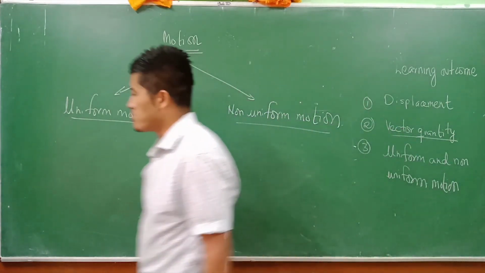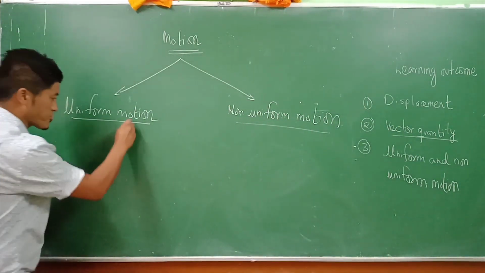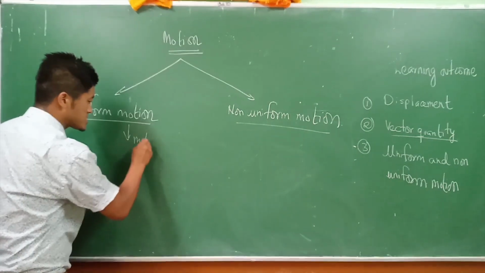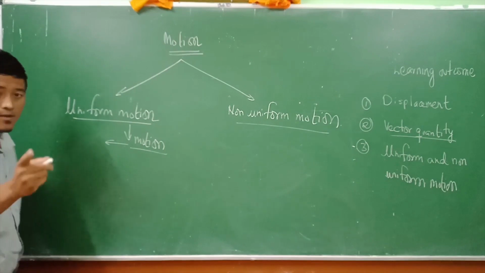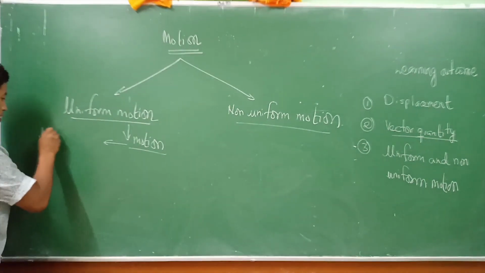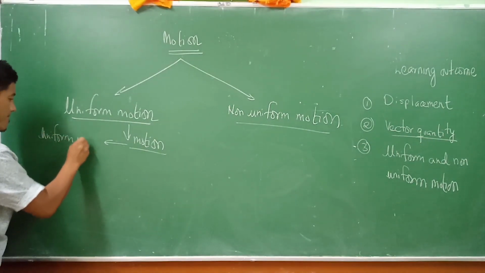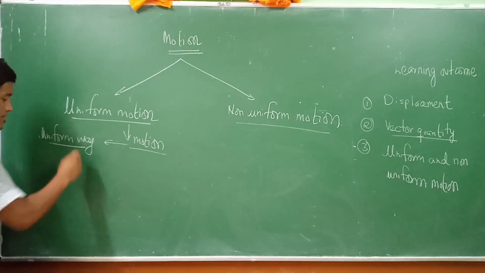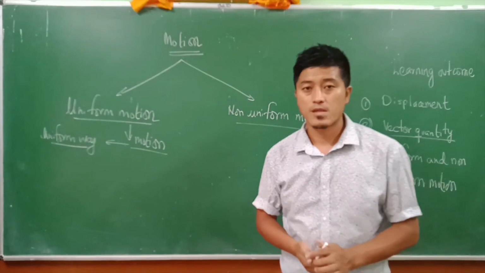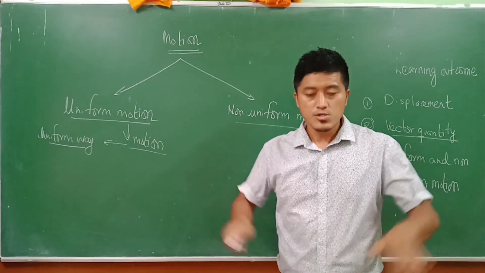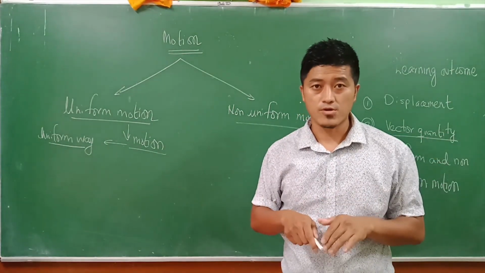So now what is uniform motion? Uniform motion is a motion per se. It's important for us to know that it's a motion, and this motion should be in a very uniform way. For example, students are asked to wear uniforms. Why uniform? To have a similar kind of outlook, right?